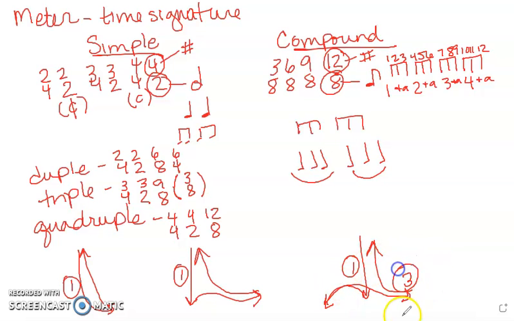Third beat is also strong, although not as strong as number 1, and then back up is weaker. So the only way to really tell the difference between duple and quadruple would be that third beat. If you could feel somehow that every other strong pulse is not quite as strong as the pulses in between, then you have quadruple meter versus duple. But again, it's not something that's very, very easy to determine.